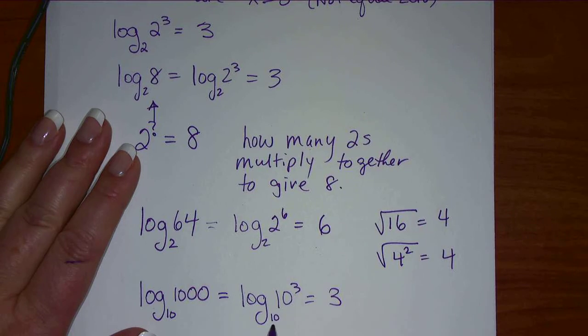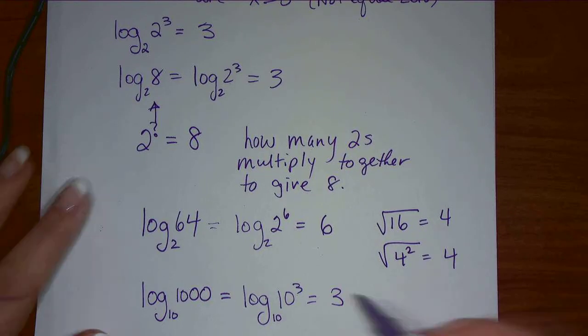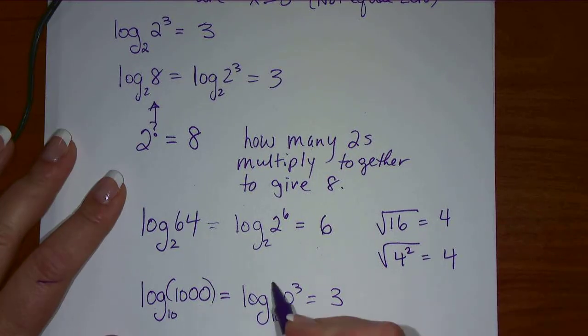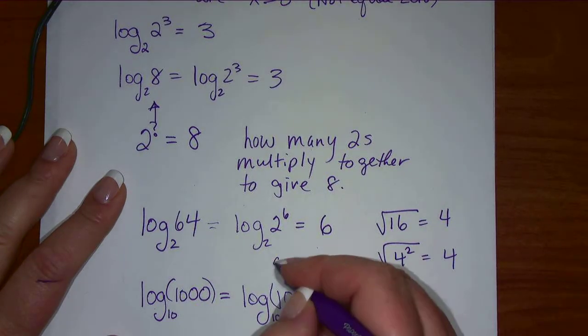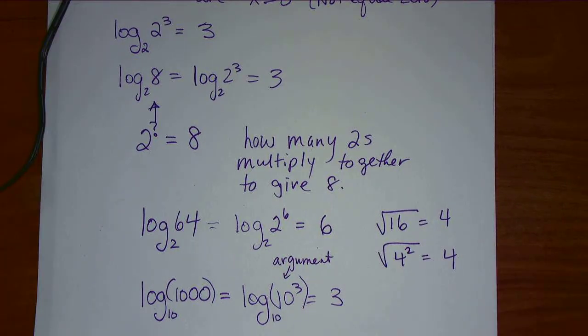I'm trying not to confuse anybody, but is 10 cubed considered the argument? Yeah. Like with a square root, whatever's under the square root is the argument. It's what you plug into the square root. Yeah, the argument is this whole thing, 10 cubed. That's called the argument. The argument is what you plug into a function. So if the function was square root, whatever you plug into it is called the argument. So the argument is 10 cubed.